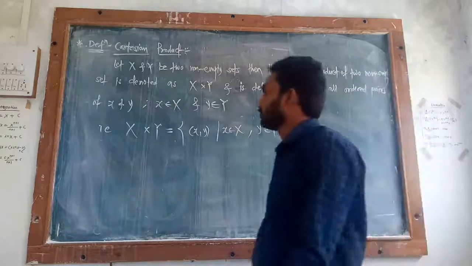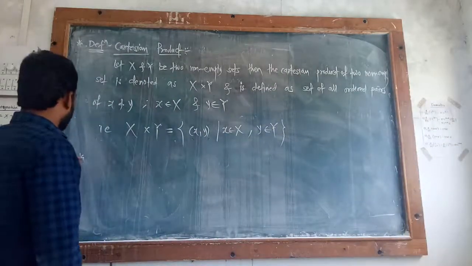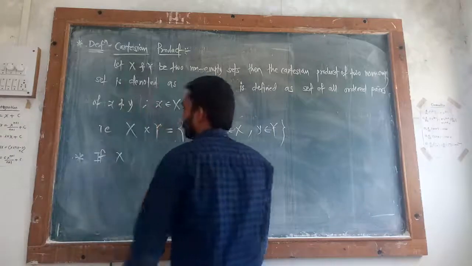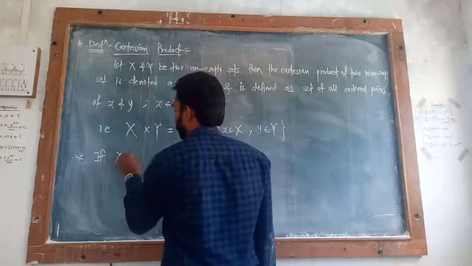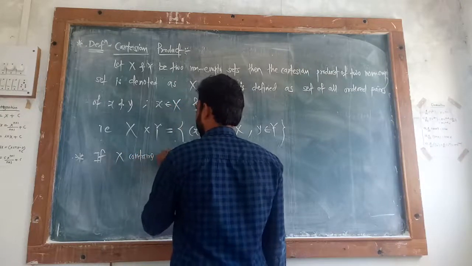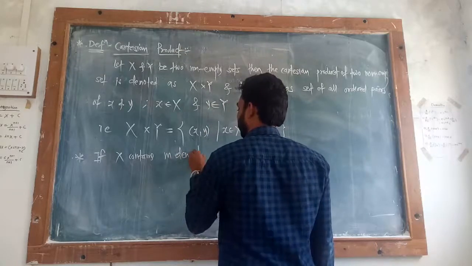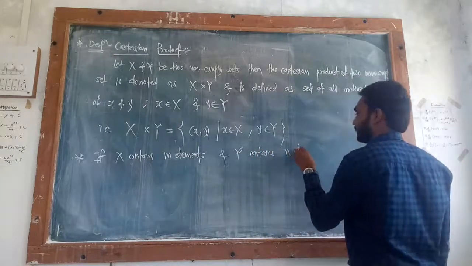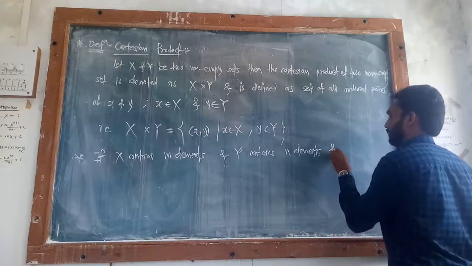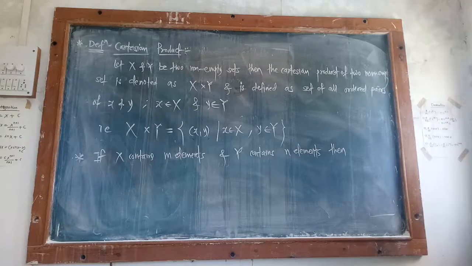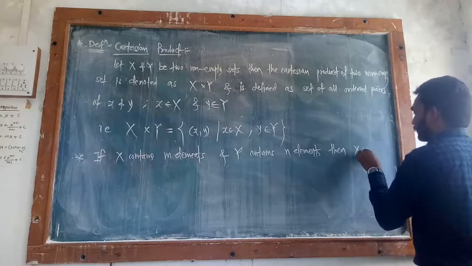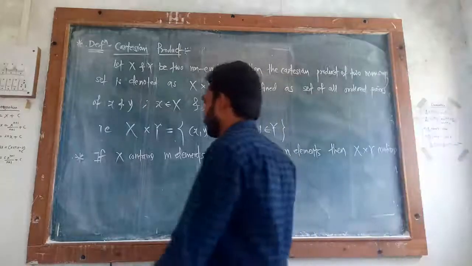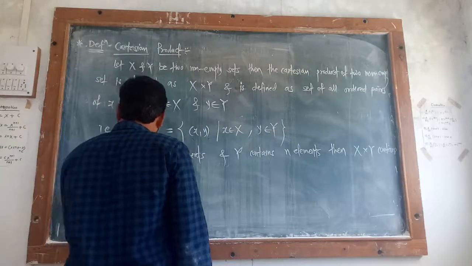Okay. Now, if X contains m elements and Y contains n elements, then the Cartesian product x cross y contains m into n elements.